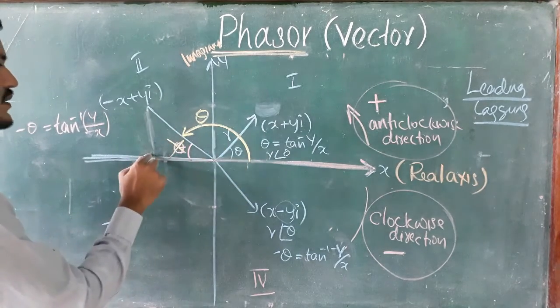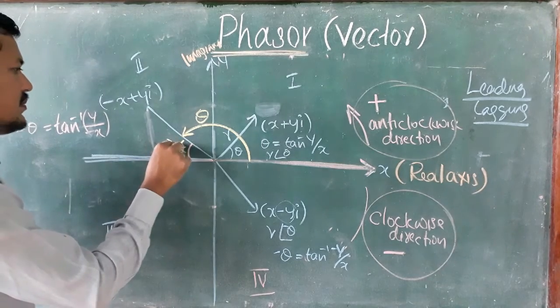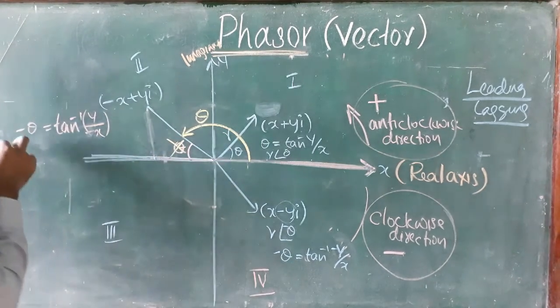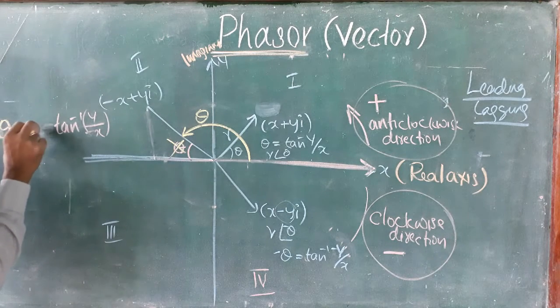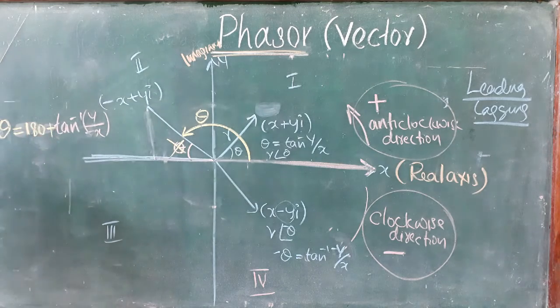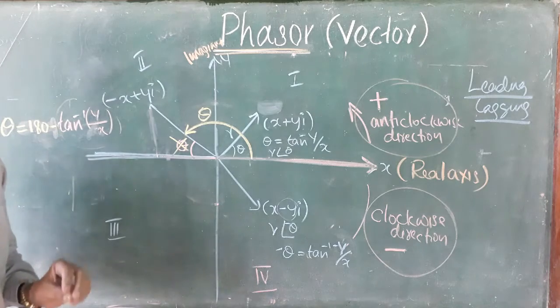Total we know is 180. We got minus theta here, so 180 plus minus theta means the remaining theta we will get. So the actual theta equals 180 plus tan inverse of y by minus x.